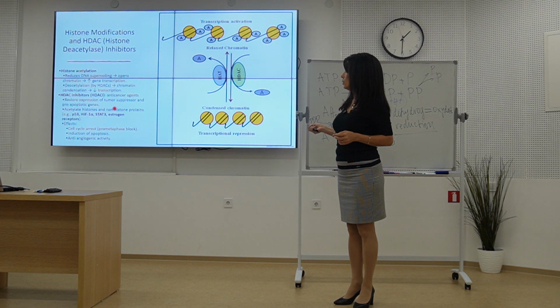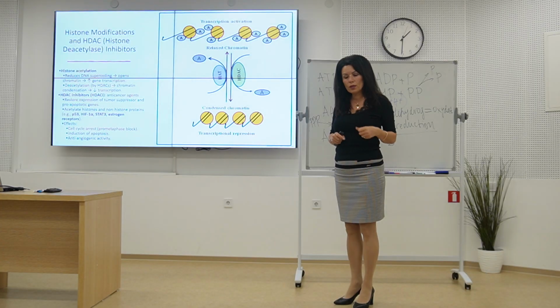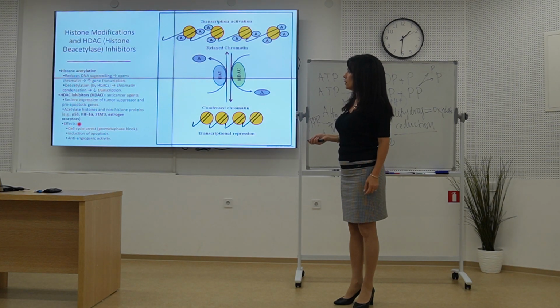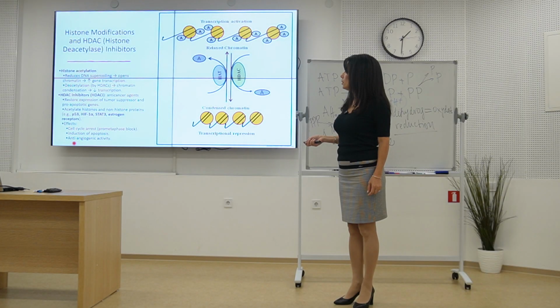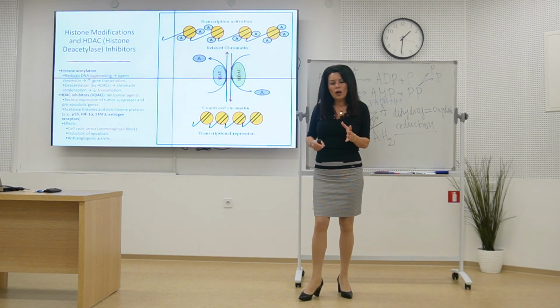Acetylated histones and non-histone proteins can be different proteins that are involved in signal transduction pathways. And the effects in the end will be cell cycle arrest, induction of apoptosis, or anti-angiogenic activity. What is angiogenesis?